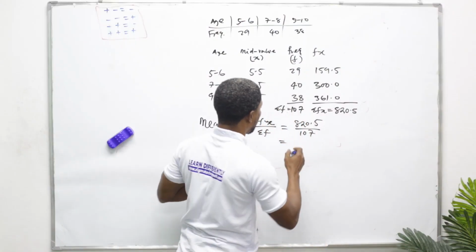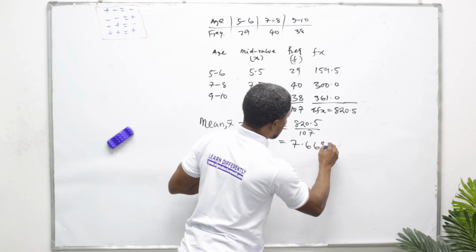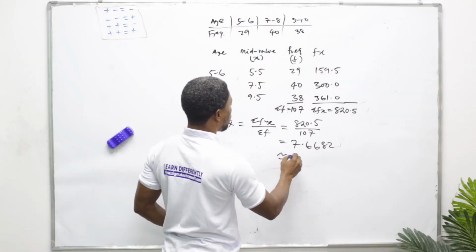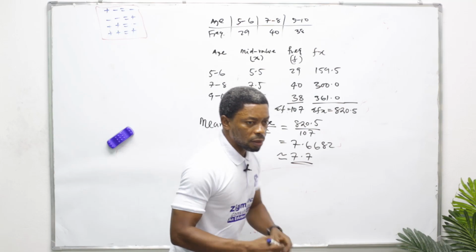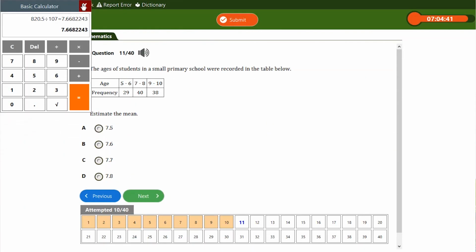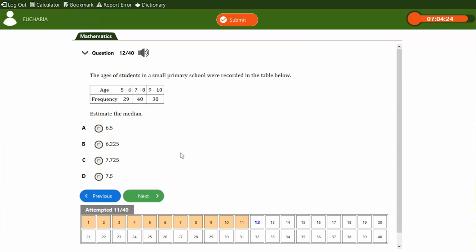You now have 7.6682, so approximately 7.7. Let's check. 7.7. Look at it. That is the answer, C, 7.7. So this is how you solve it for group data under mean. This is what you do. Answer is C. Now we have another one.